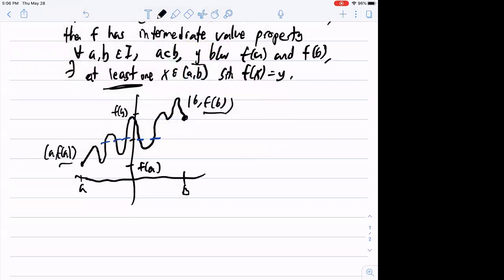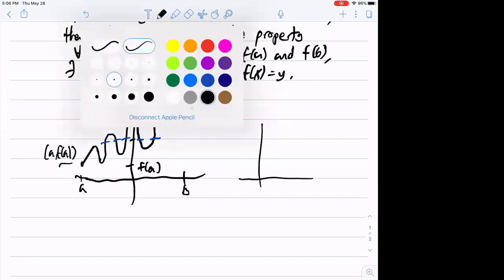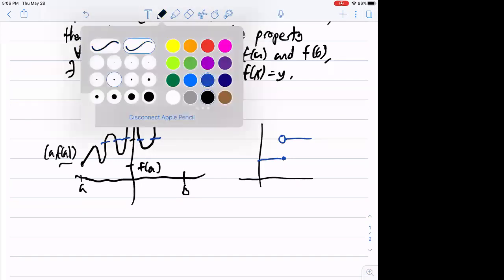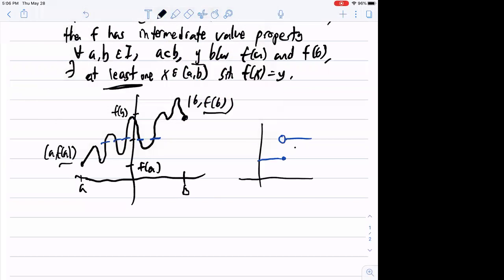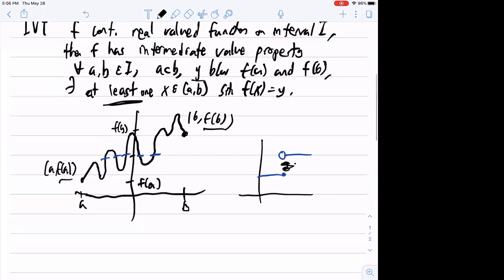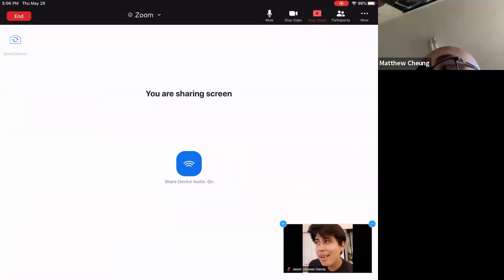For a discontinuous function, if I go from here to here and then an open circle, I don't get every value in between. I miss all the values here. That can't happen for continuous functions. Okay, does everyone understand IVT?